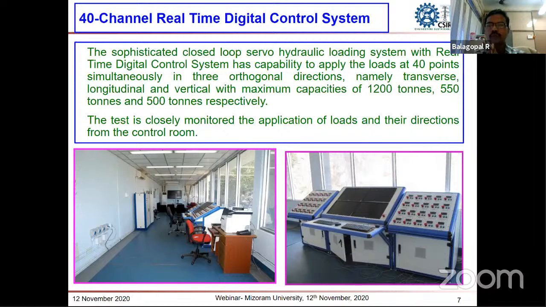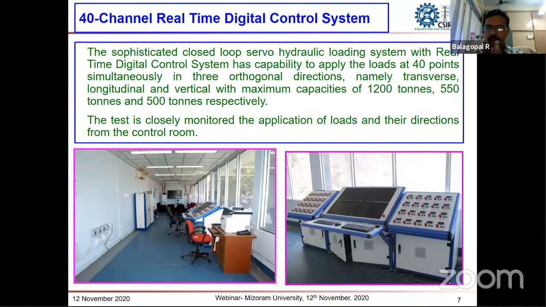And one of the unique facilities that we have is the emergency stop. Once we press the emergency button, the loading will be stopped at that particular instant, and the loads will be automatically released. One more unique facility of our testing station is the P delta effect. The main criterion of testing a transmission tower is that we should not apply the load all of a sudden.